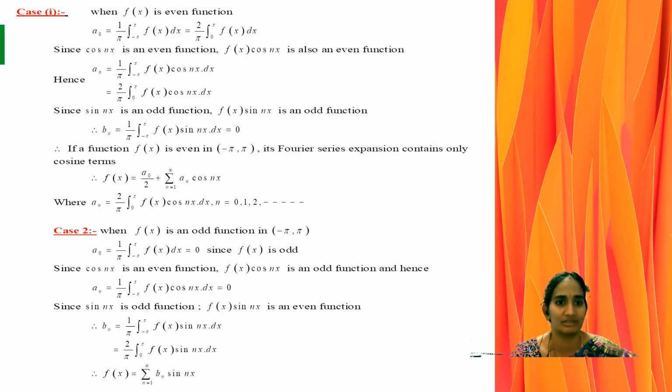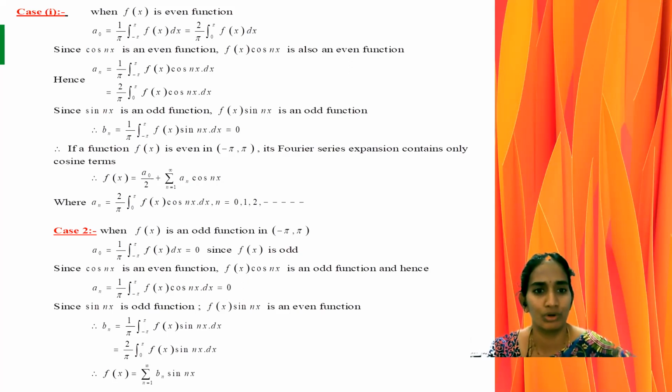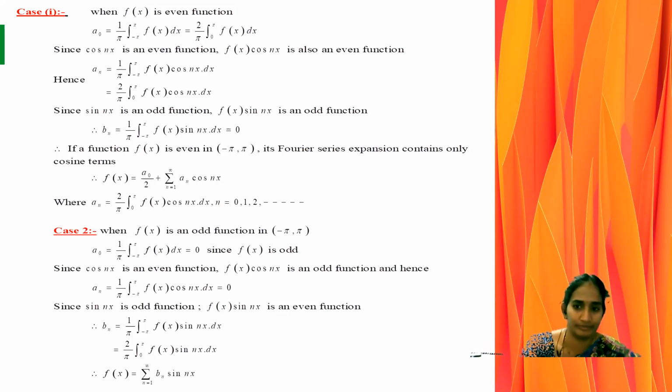Then an equals 1 by pi integral from minus pi to pi of f of x cos nx dx, which is 2 by pi integral from 0 to pi of f of x cos nx dx.